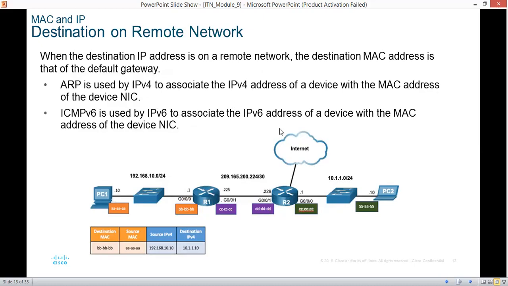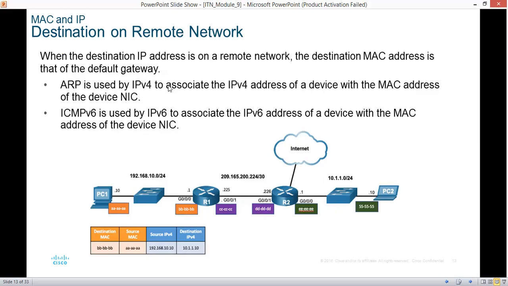Remember, we have mentioned the IP address, the destination MAC address, and the gateway. So the gateway is the process through which it will get to the destination. This is what happens for a remote network. ARP is used by IPv4, as we have said before, to associate the IPv4 address of a device with the MAC address of the device NIC.